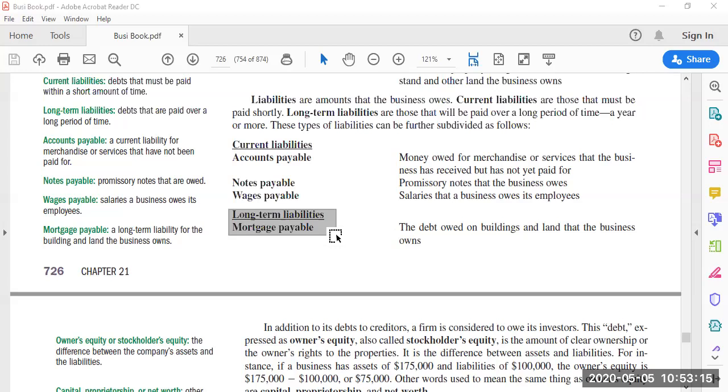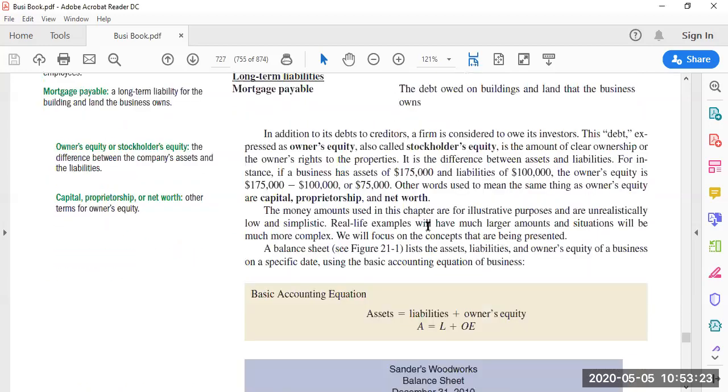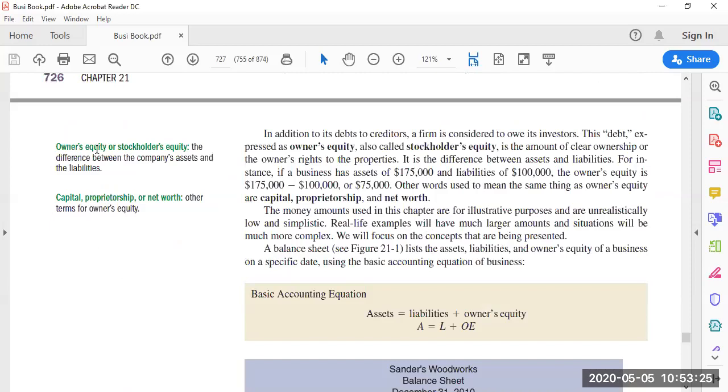Okay. The last section that we will find on our balance sheet would be the section for owner's equity. Now, what is owner's equity? Owner's equity is the difference between the company's assets and the liabilities.